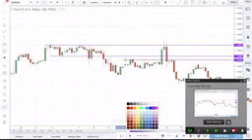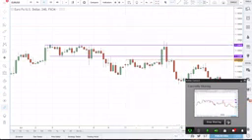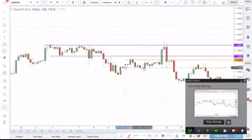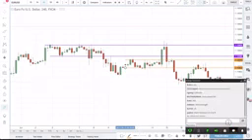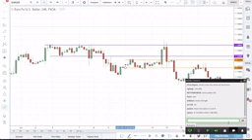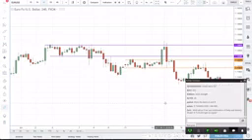I'll make this one, let's say, orange. Okay, nice, beautiful colors. Okay, notice because ranges are more frequent than trends, notice how often ranges are used as levels of bounce, bounce, bounce, bounce. They're used much stronger than just a generic support equals resistance and everything like that.